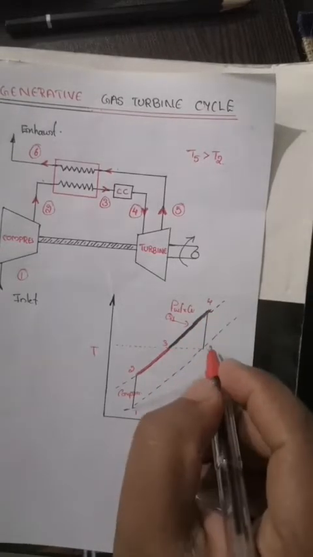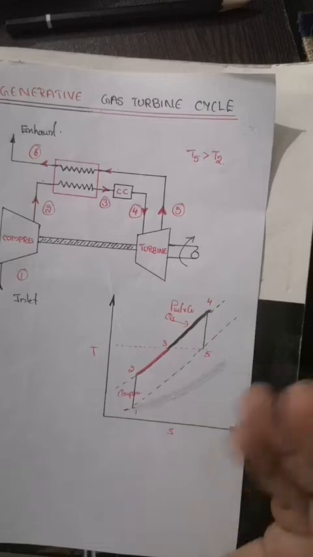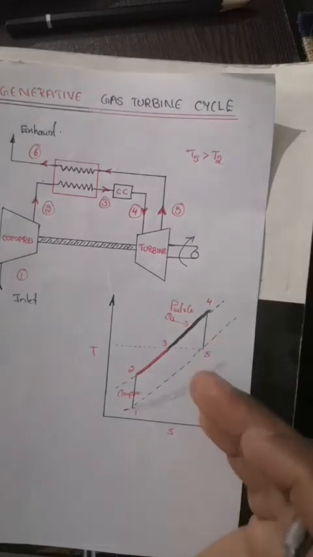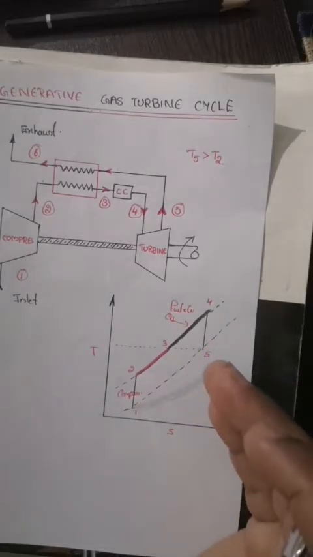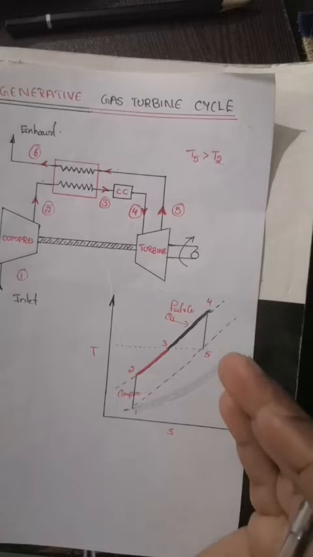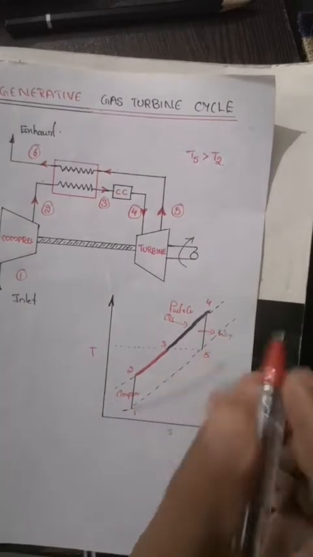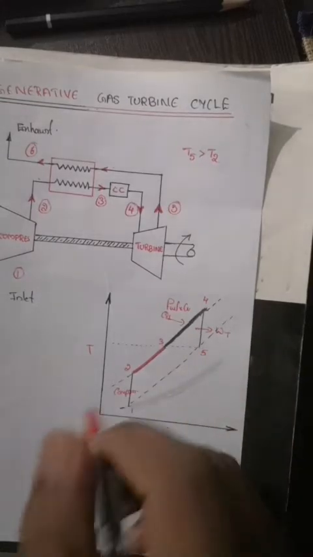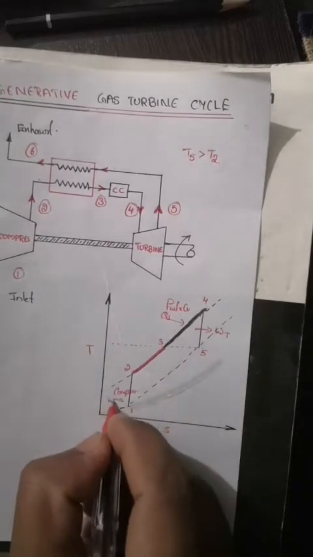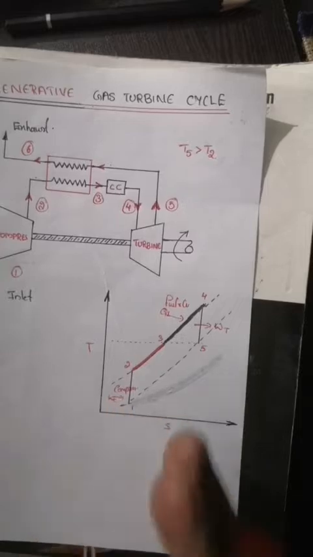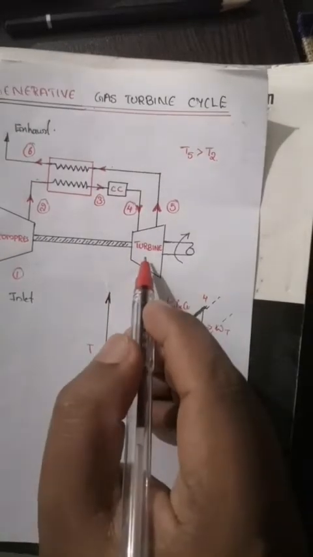Then from 4 to 5 we will be having the expansion process, the expansion in turbine, that means this is a process where we are producing the work out from the turbine. The compressor work WC is derived from the turbine work.